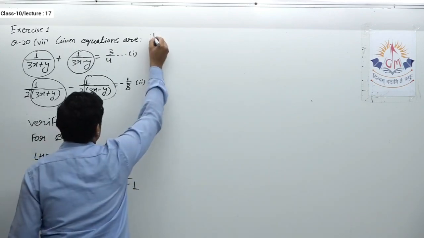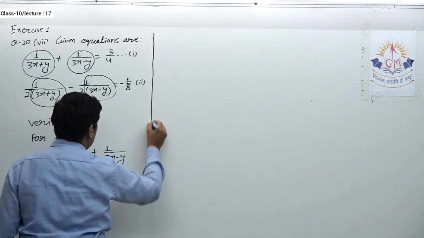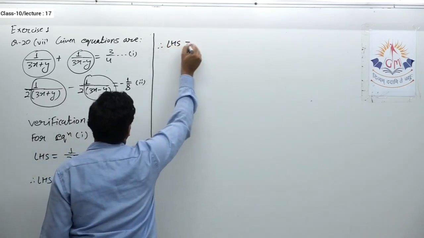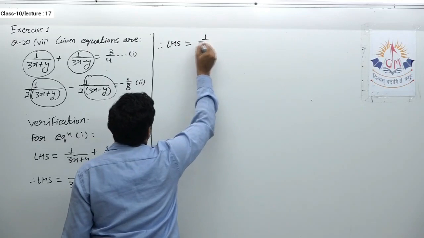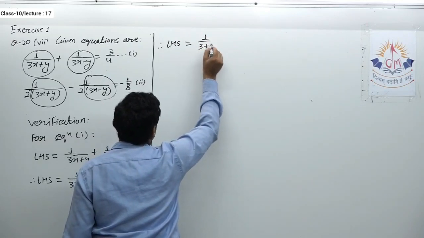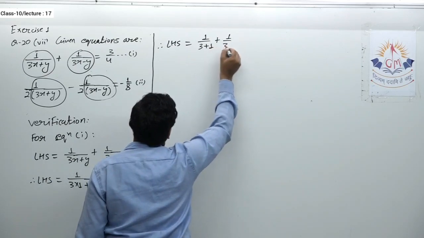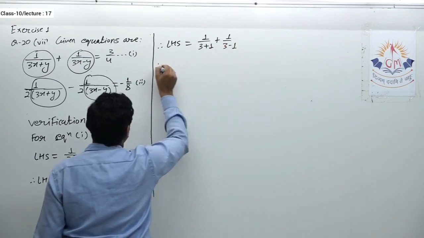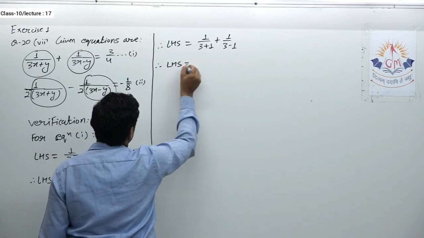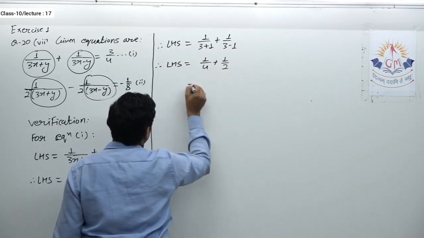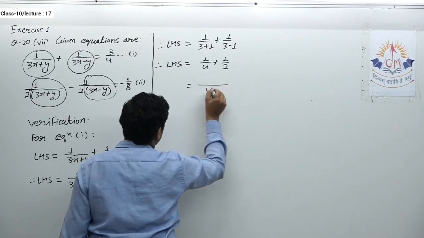Therefore LHS is equal to 1 upon 3 plus 1 plus 1 upon 3 minus 1. Therefore LHS is equal to 1 upon 4 plus 1 upon 2. So now you have to add it by taking LCM 4.